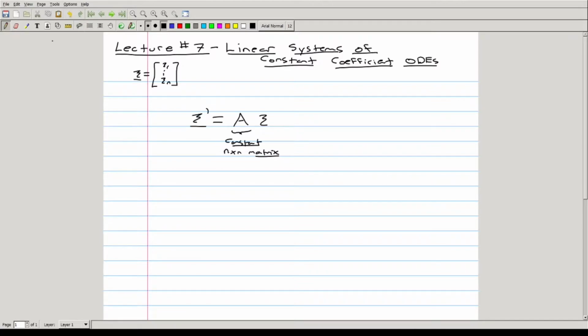And we will also have an initial condition, x of t naught is equal to x naught. Let's say this is for t in some interval from a to b, which we'll call I a little bit later on.